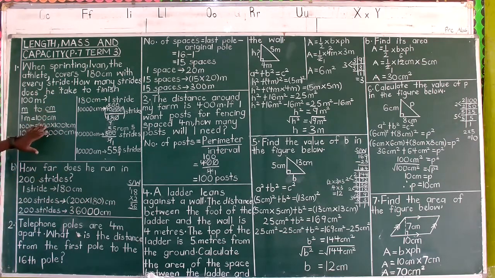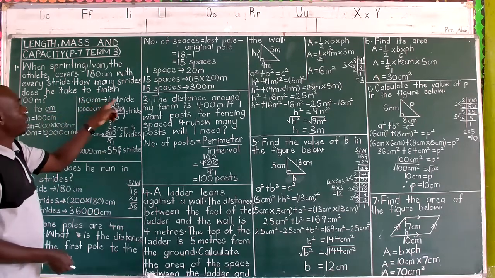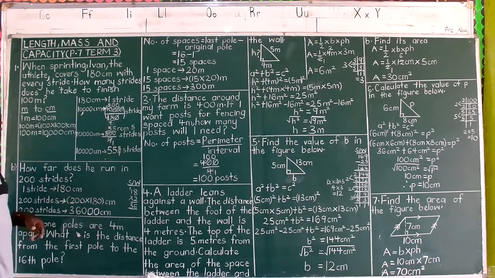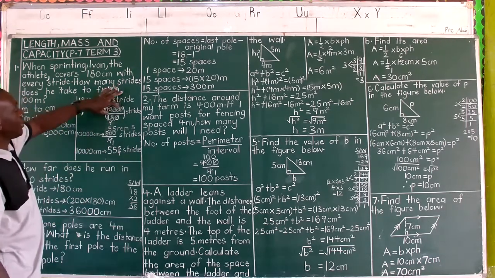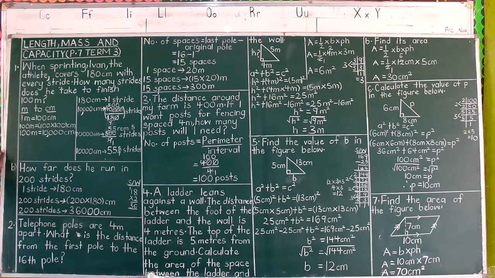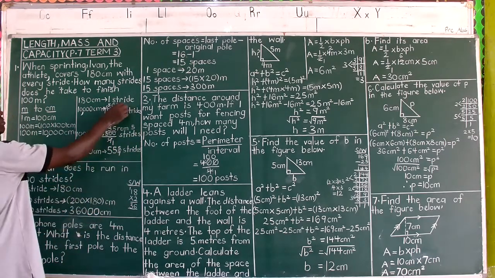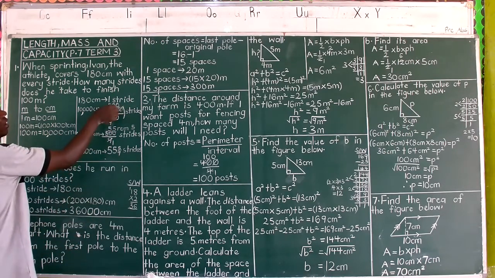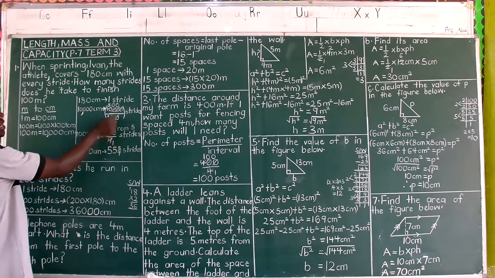So the question is, how many 180s are involved in the 10,000 centimeter length? 180 centimeters is an equivalent of 1 stride. What about the 10,000 centimeter length? You get 10,000 divided by 180, answer in strides. Then you cancel. You start by dividing by 10 by 10, so you are left with 1,000 out of 18.